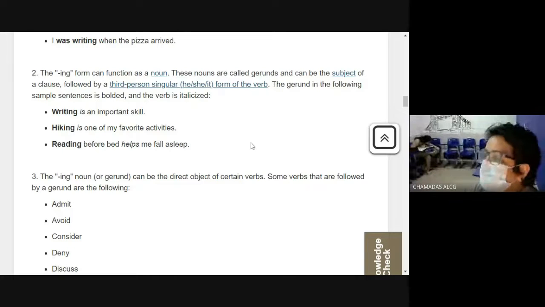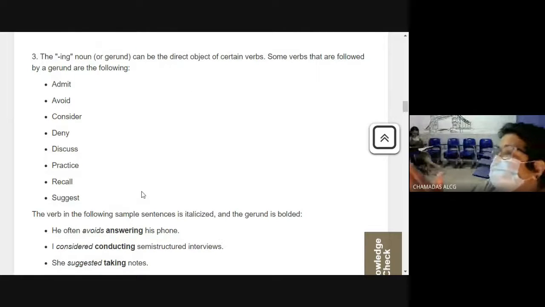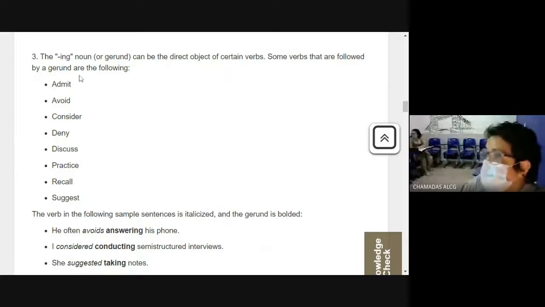Okay? All right. So here, look, the ing noun or gerund can be the direct object of certain verbs. So this is another situation where I can use a verb plus ing, okay? As a gerund, or a verb as a noun.